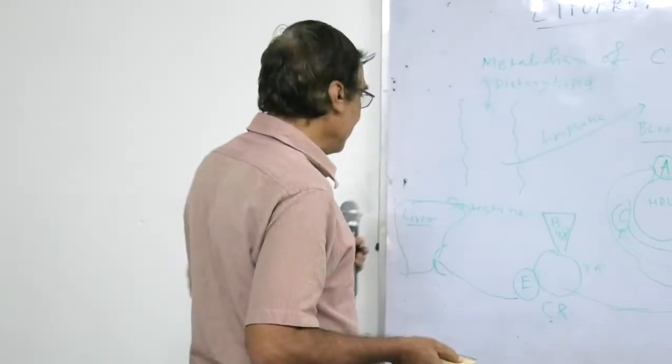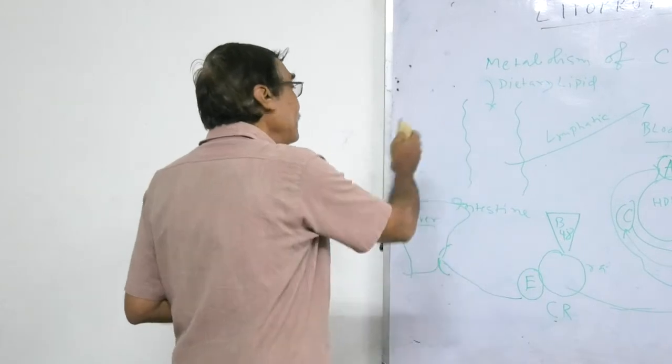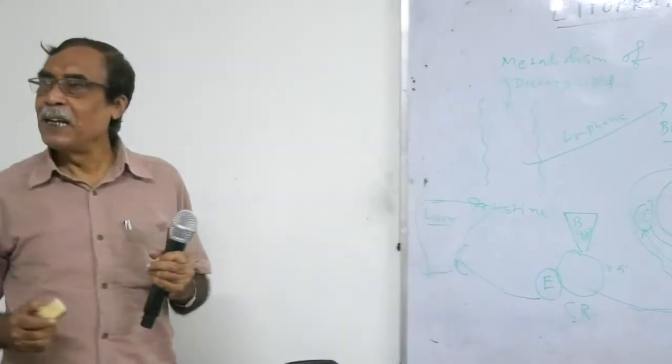Third function is the ligand function. Three functions of the apoproteins. Now this is the origin and fate of the chylomicron. Origin is the intestine, fate is in the liver.